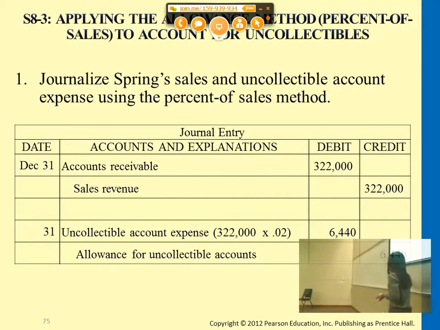We use $322,000 credit sales times 2% expected uncollectibles. So this will give you $6,440. And we capture this estimation in the two accounts there. Uncollectible account expense, you see this recorded at $6,440, and allowance for uncollectible accounts credited at $6,440.